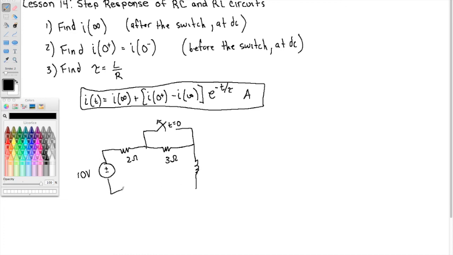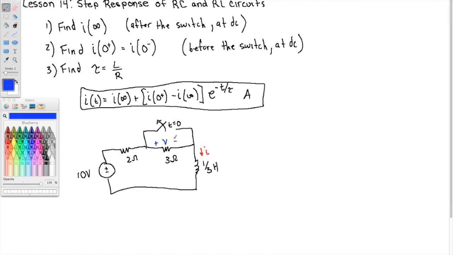And here's our inductor of 1/3 Henry. We're going to find the current through the inductor, but also we're going to find the voltage across this resistor.